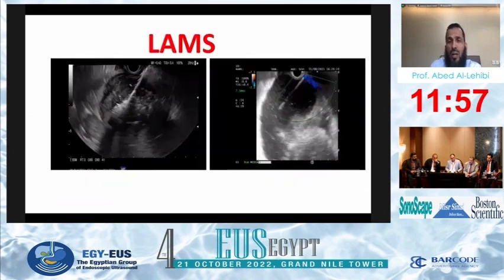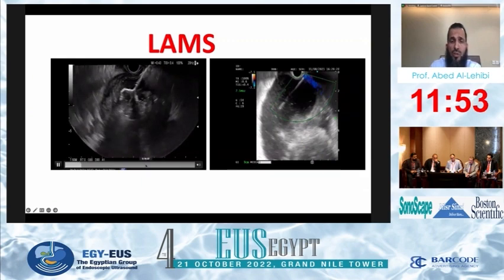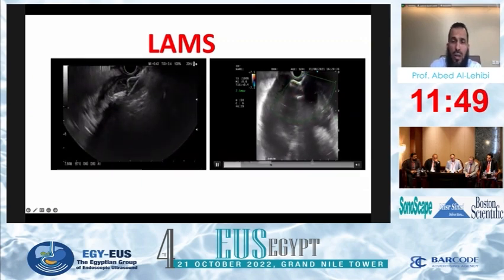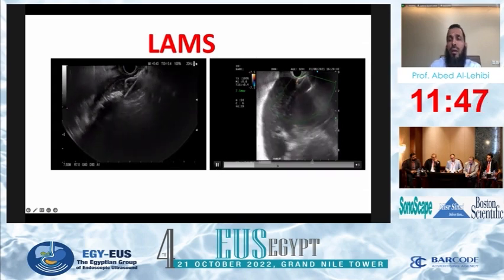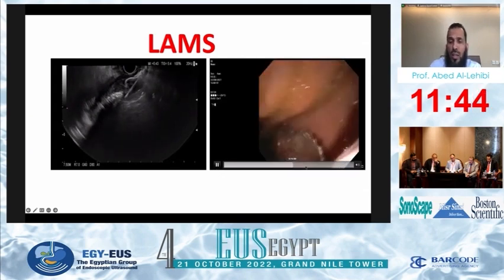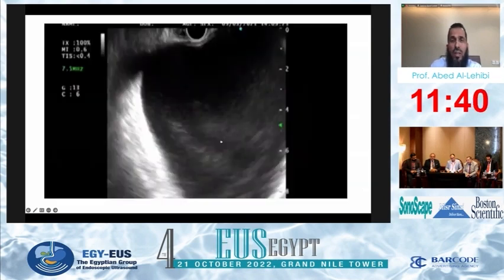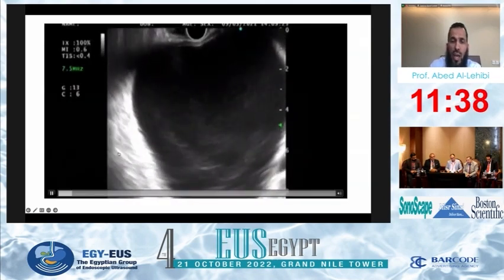If you compare it to the metallic stent, this is the lumen-apposing metal stent. As you see here, it is inserted and is easy to deploy. Once you have a clear view inside the cyst, you can deploy the other flange in the stomach, and it is easily done within a short duration. And this is another LAMS, the Hot Axios, with the same principle.